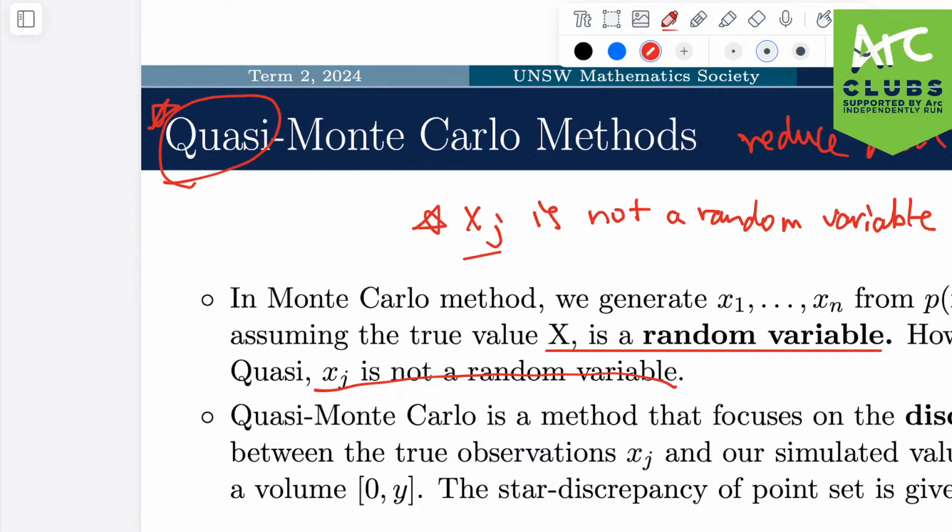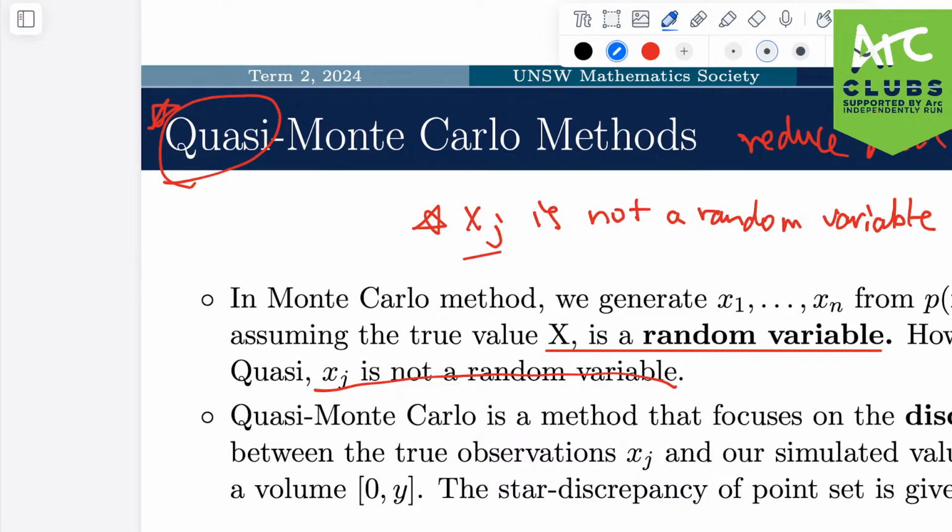Sorry, let's use d here, not n. So we have y1 until yd, and each of them is a vector. And we also have x11, x12 until x1n. And we keep doing this until it's xd1, xd2, and until xdn.